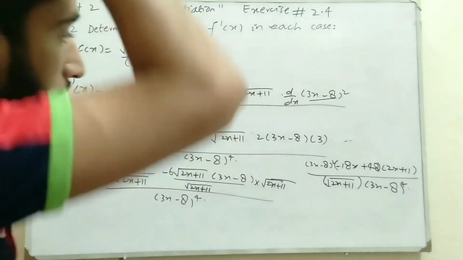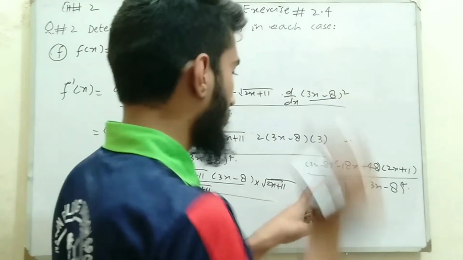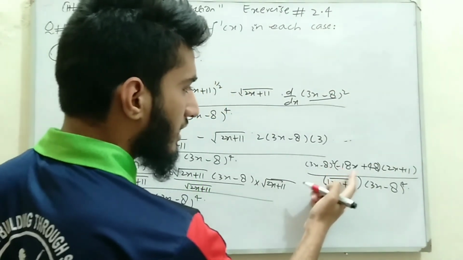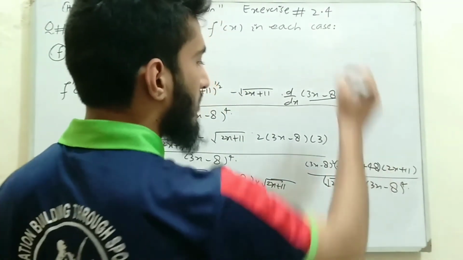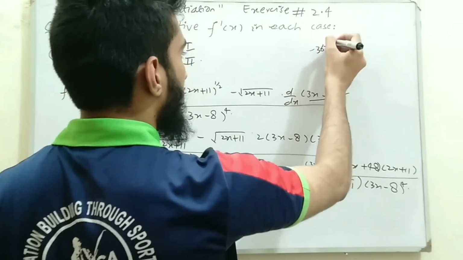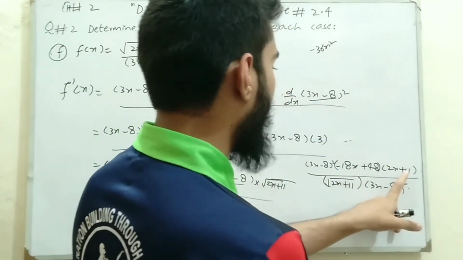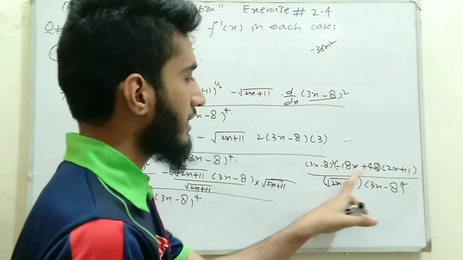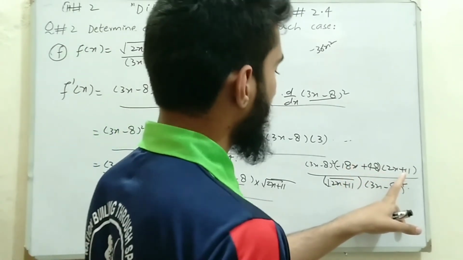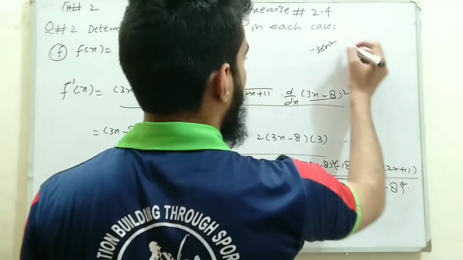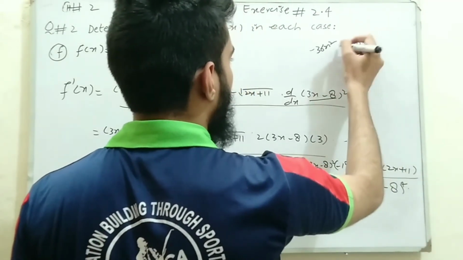Now after this, we can simplify it. So here minus 18x multiply 2 will give us a value minus 36x square. Minus 36x square, minus 18x multiply 11. So 18 multiply 10 gives us 180, and after this it will give us a value minus 198x.